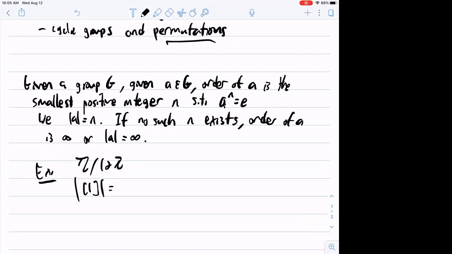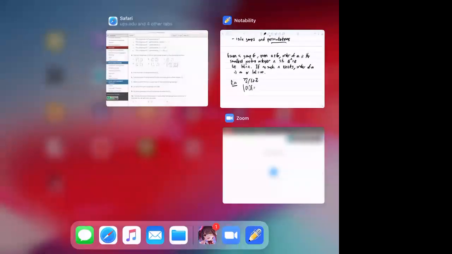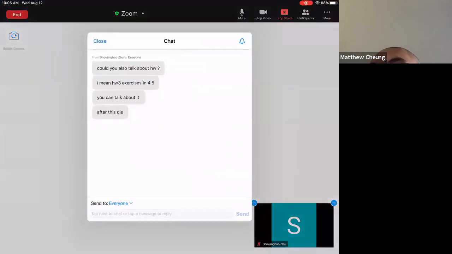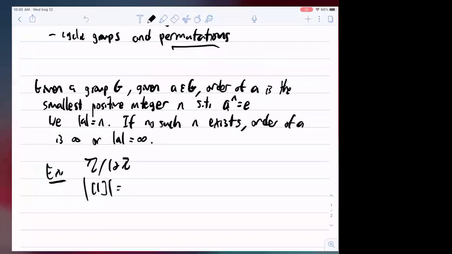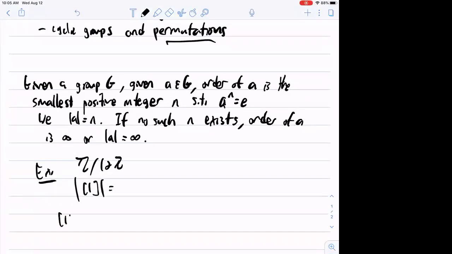So what's the order of 1 here? So how many powers of 1 until I get 0? So again, right, 1 squared is 1 plus 1, which is the class of 2, right? 1 cubed is this, right?